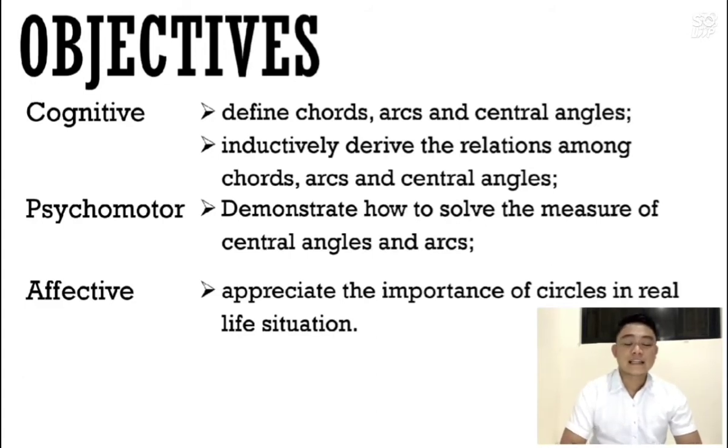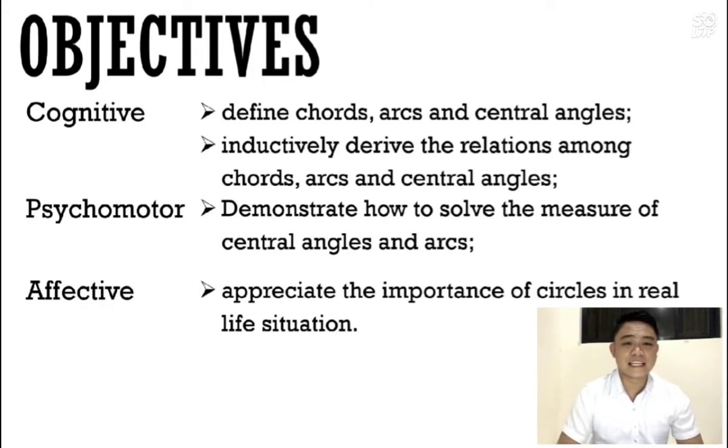Second, inductively derive the relations among chords, arcs, and central angles. For our psychomotor, we have to demonstrate how to solve the measure of central angles and arcs. And our affective is to appreciate the importance of circles in real-life situations.